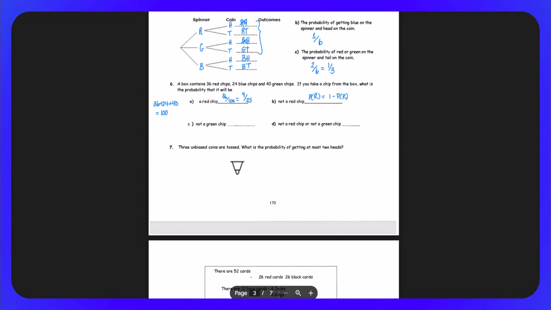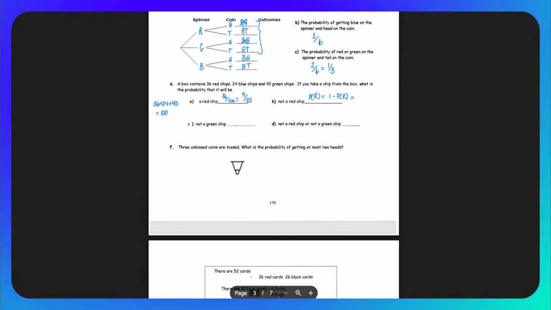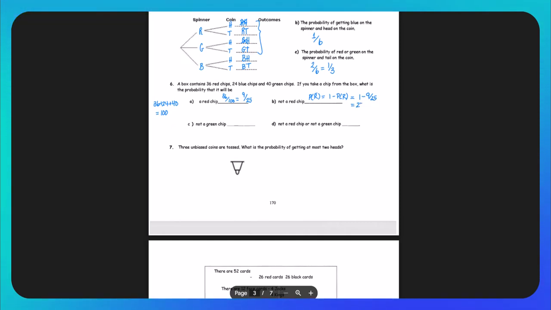That's 1 minus 9 over 25. Fixing that up to make a common denominator, 25 minus 9 is 16 over 25. So we have 16 over 25.